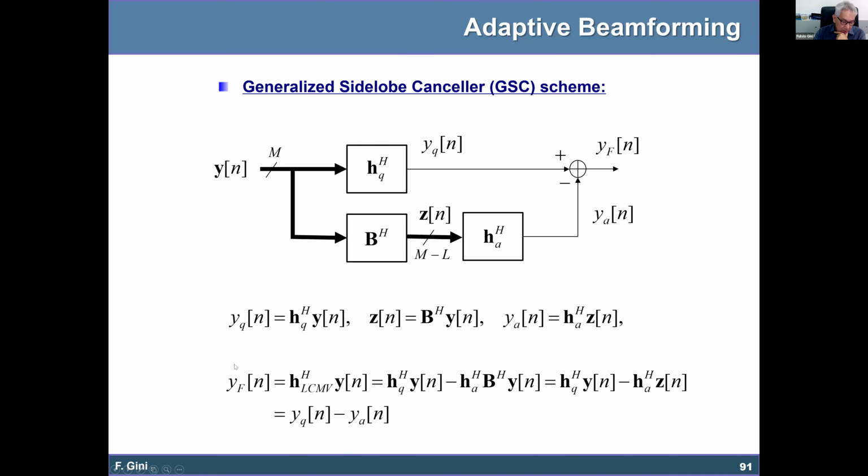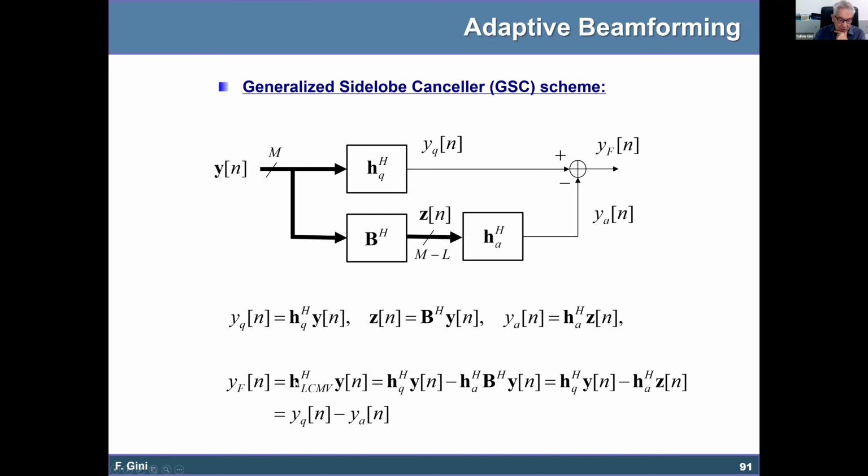So the output of the beamformer is H Hermitian Y. Now, because we have decomposed H as the sum of HQ and B HA, we can express the output of the beamformer in this way.